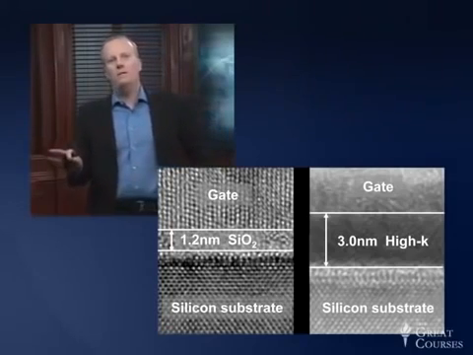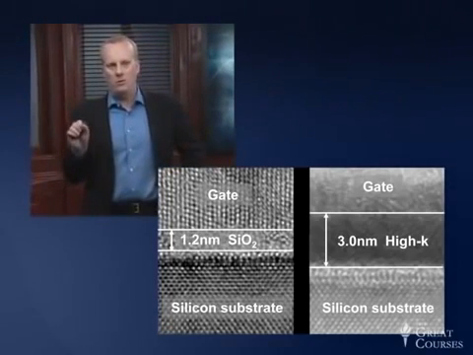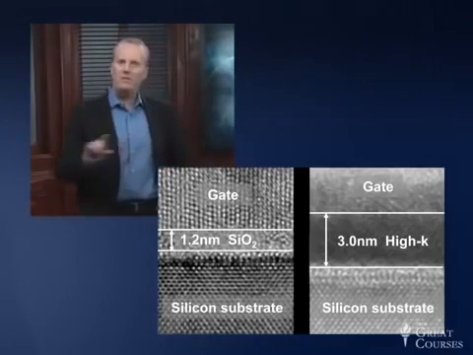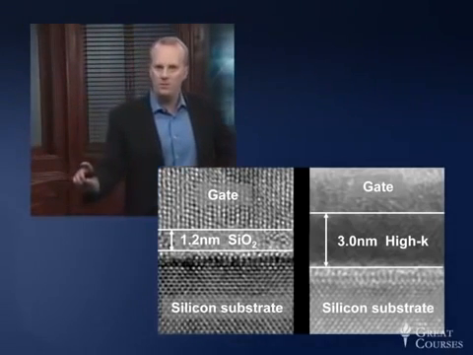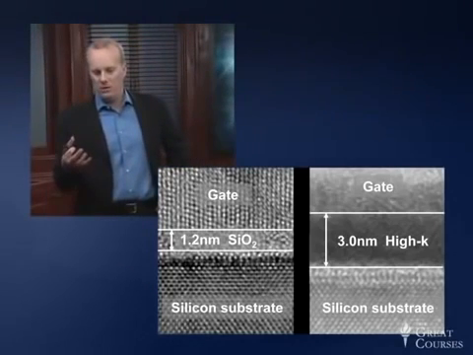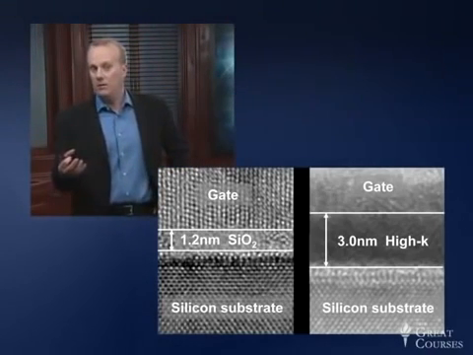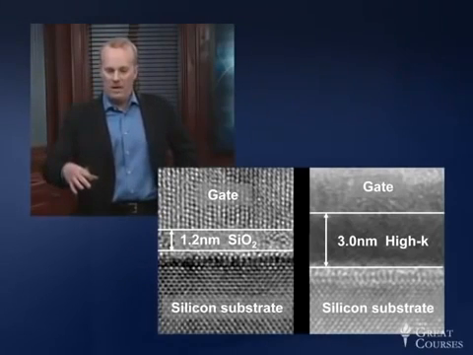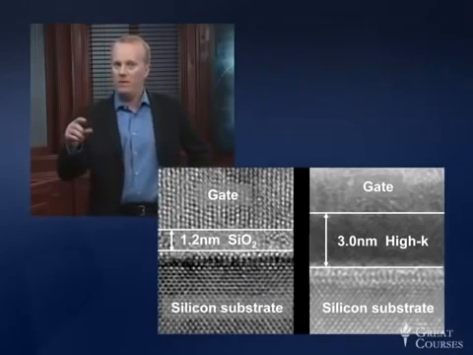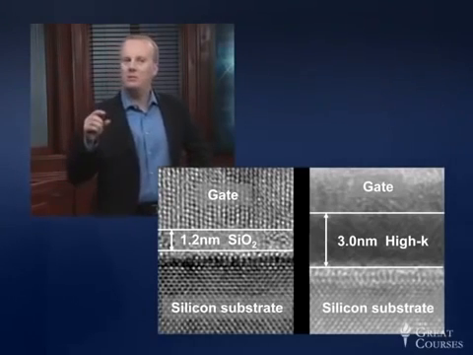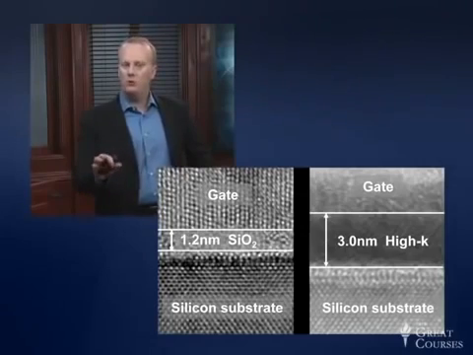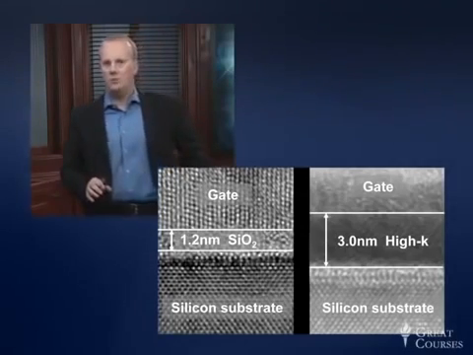Now, on the right, you'll see what's called a high K solution. And the high K is referring to putting down a different material with different properties. Folks have discovered how to put down an insulator that resides between the gate and the silicon that can be thicker. You can get away with making it thicker, but it can still induce just as effectively this channel, this inversion region, inside the transistor.